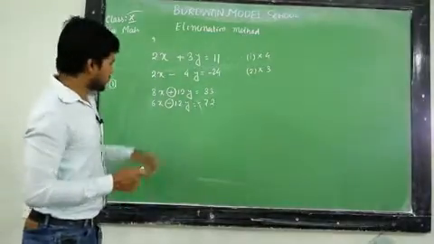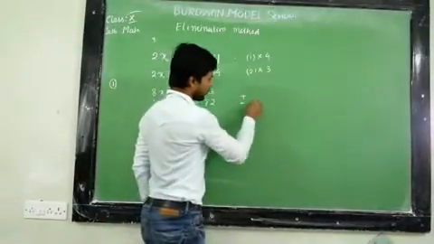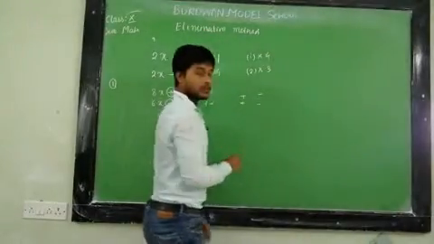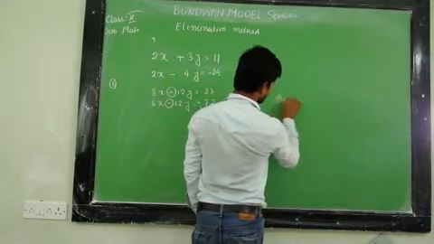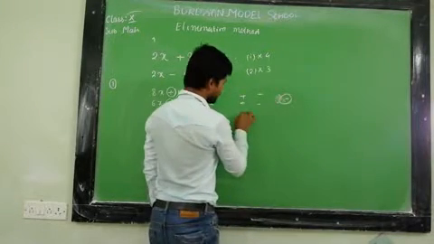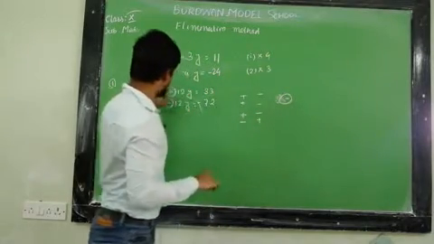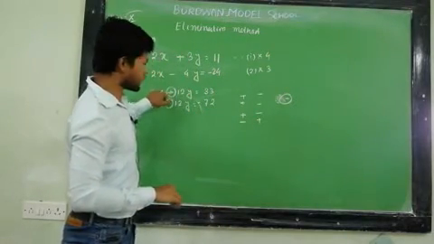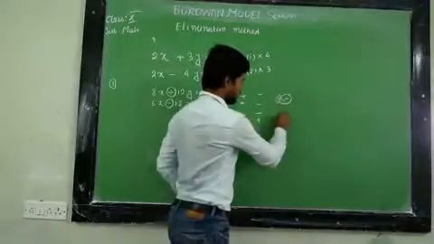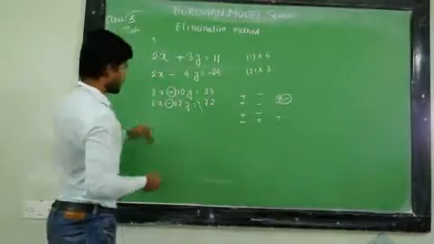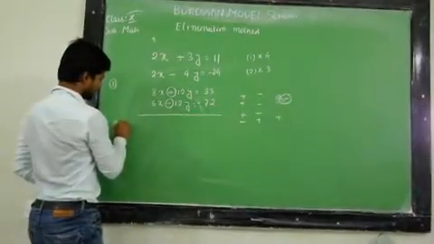So rule number 1: if the signs are the same, meaning both are plus or both are minus, then we have to subtract. And if both are opposite, either this is plus and this is minus, or this is minus and this is plus, then we have to add them. Here, as the signs are different, we have to add.